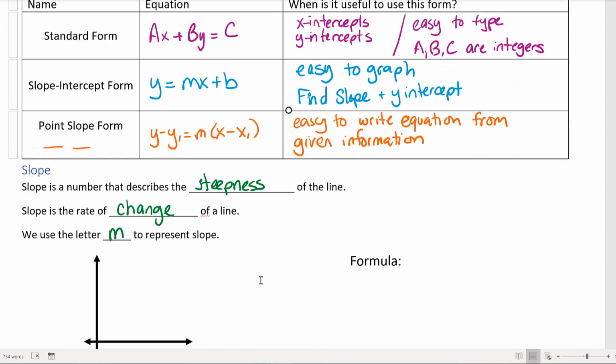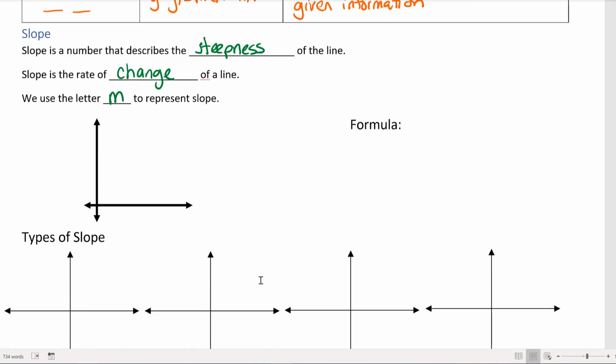So let me go through a little example here. Let's say we have a point here, we'll call it x1, y1. And then I have a point over here, we'll call that x2, y2. And we have a line going through them.